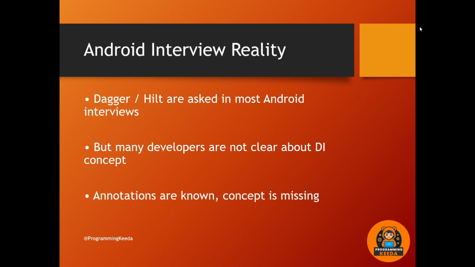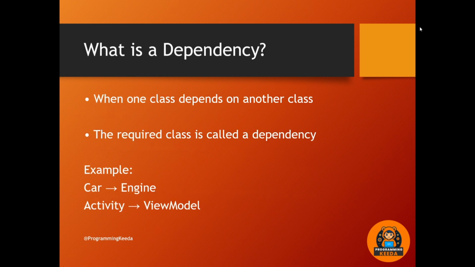They want to see whether you understand why dependency injection is needed and how it improves the quality of your code. If your understanding of dependency injection is strong, you can confidently explain Dagger and Hilt as well. So, what does dependency injection mean?